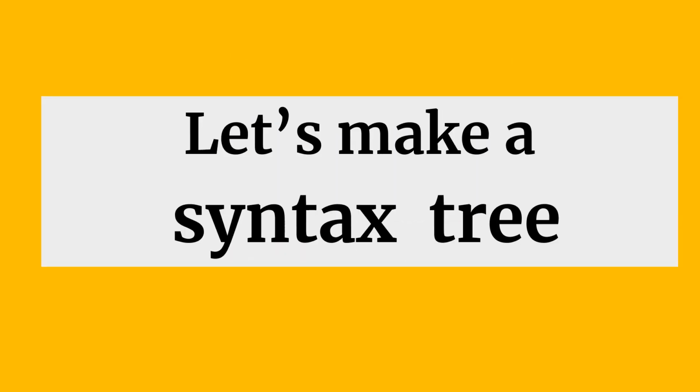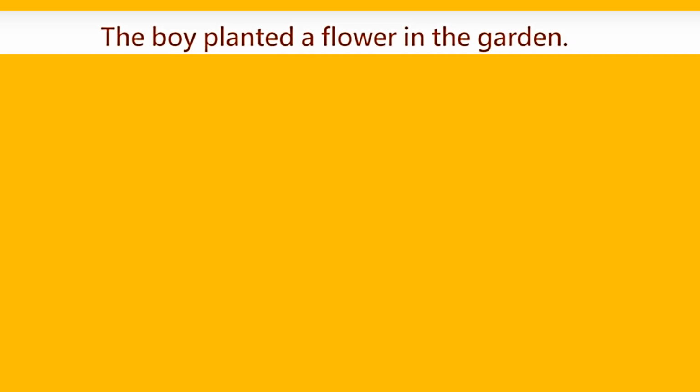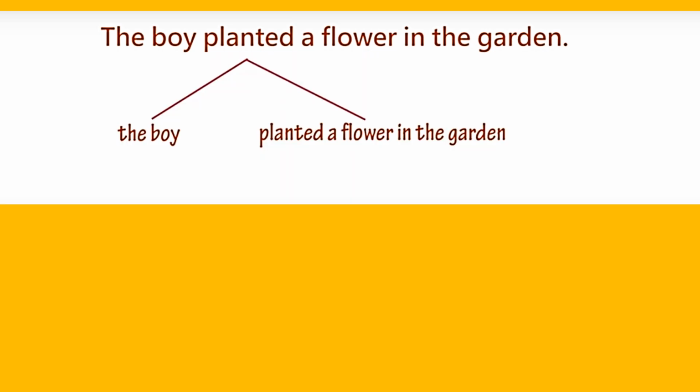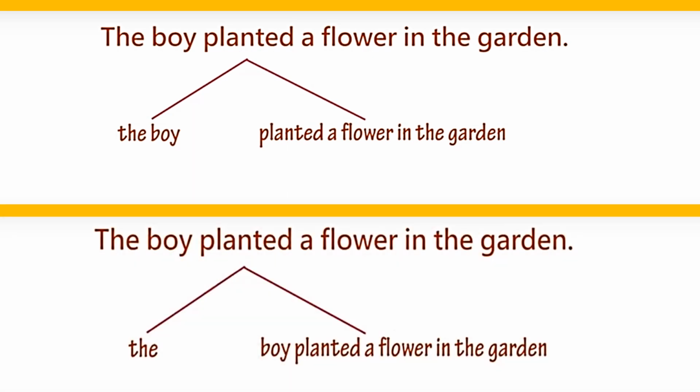Okay, let's make a syntax tree. Are you familiar with syntax tree? If not yet, let's know about it. The boy planted a flower in the garden. So this is a meaningful way in dividing the sentence into constituents, in the sense that I cannot do two branches and say the boy planted a flower in the garden.